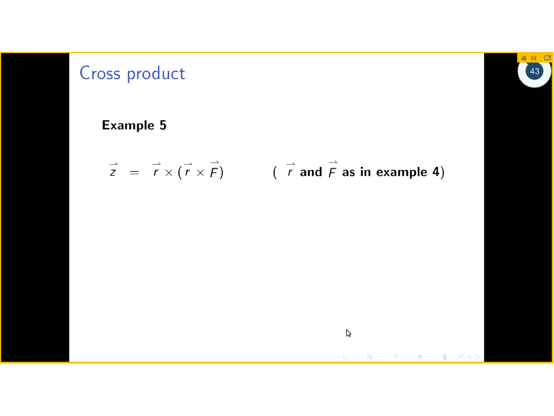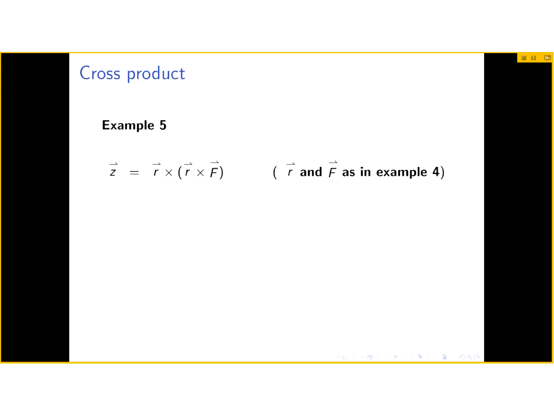Let's move to the fifth example. Here I'd like to calculate what is called a double cross product. I'd like to calculate the cross product Z of the same position vector R cross R cross F, where F also is the same as in example 4.